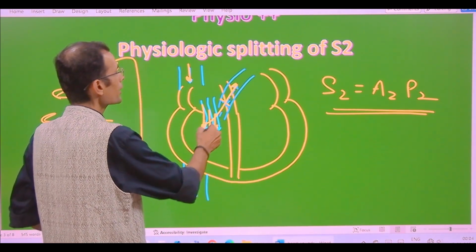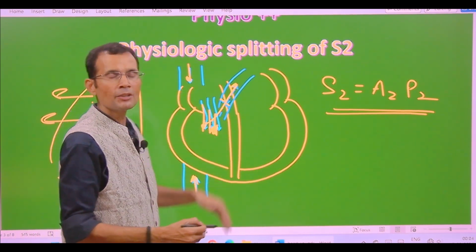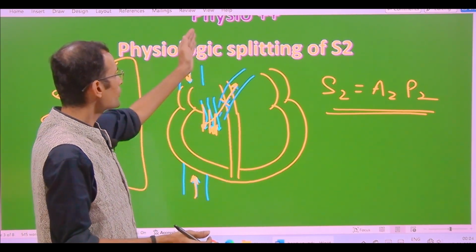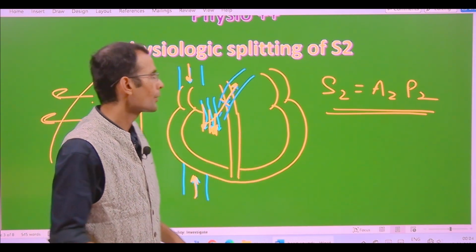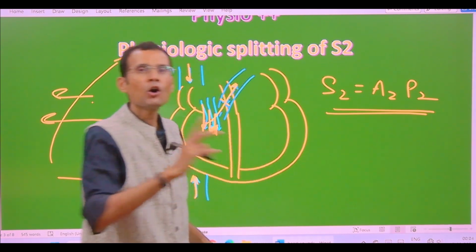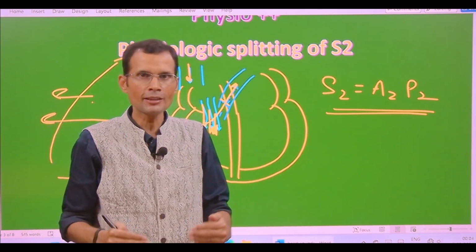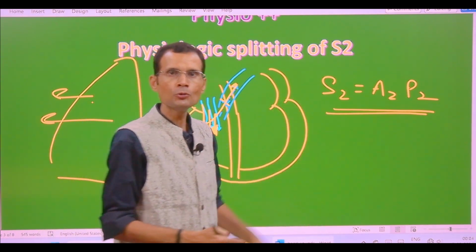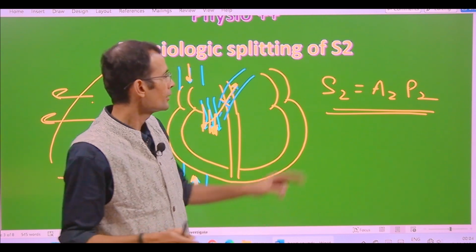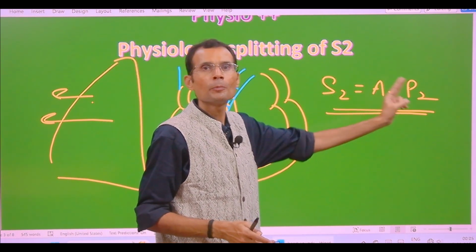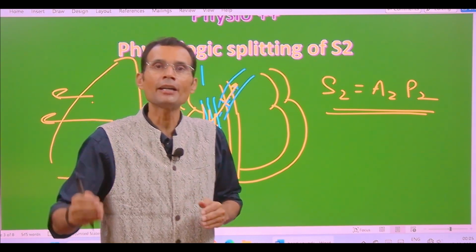You know, the right ventricle is pumping the blood through the pulmonary valve, and therefore closure of the pulmonary valve gets delayed because of the increased right ventricular filling with forceful inspiration, and that will cause splitting of the second heart sound. Normally, both the valves close simultaneously and one sound is produced, that is S2, but in such situations, it may get split and it's called A2, P2. Aortic valve closed first and pulmonary valve closure was delayed.